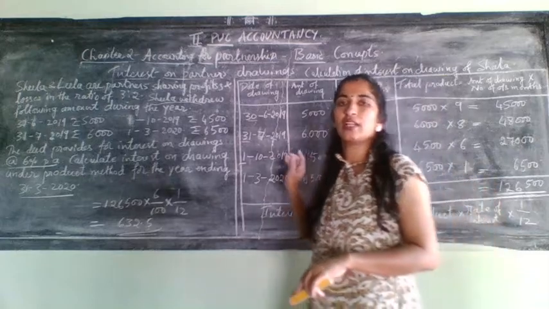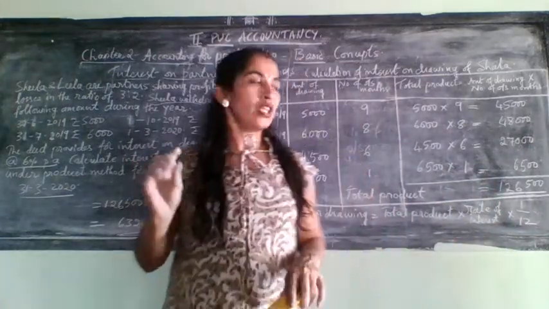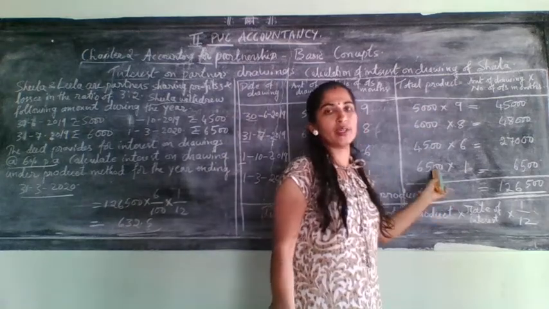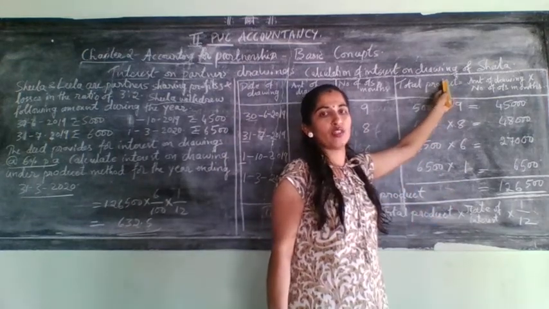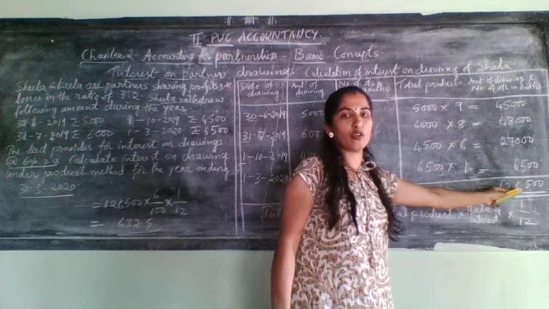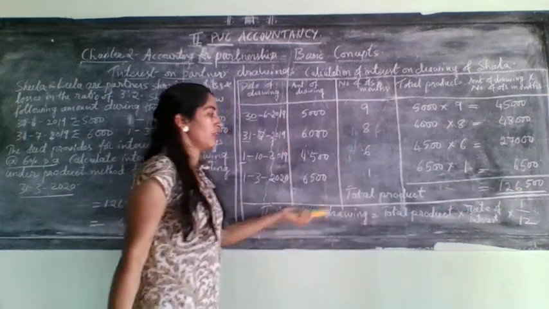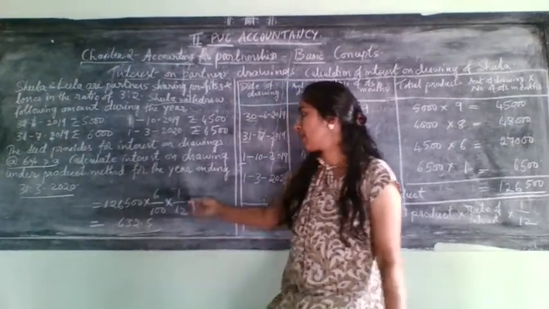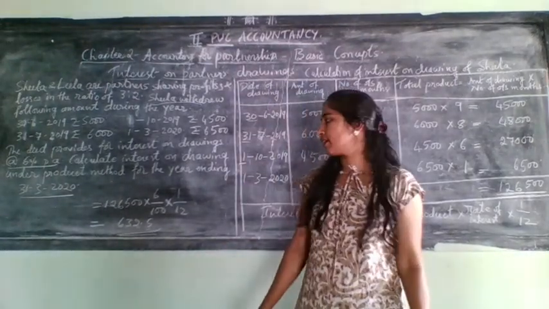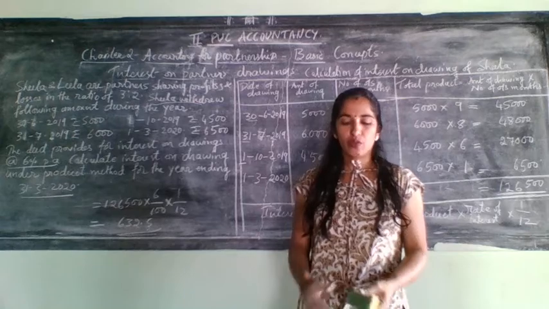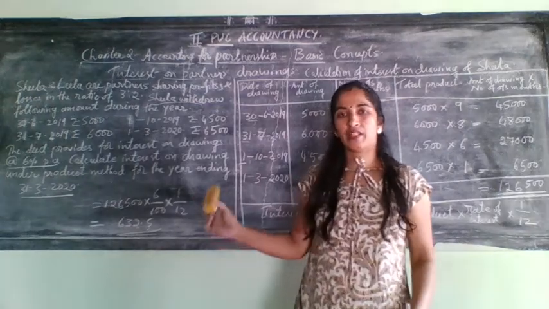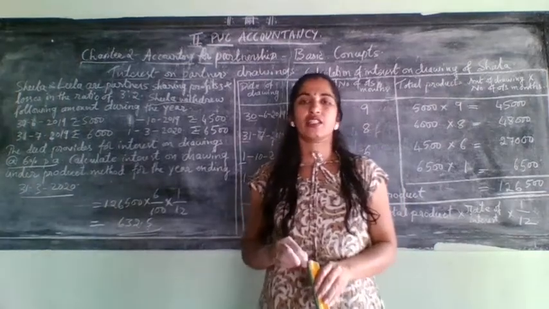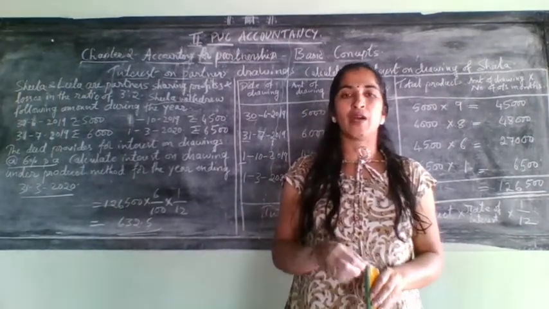So this is under the product method. Only the last column will be changed. Here first we need to find out the total product. After getting total product, apply the formula: total product into rate of interest into 1 by 12, and here it will come 632.5. For these problems, the direct method, they will not like to ask; there is very little chance of it being asked for 6 marks.